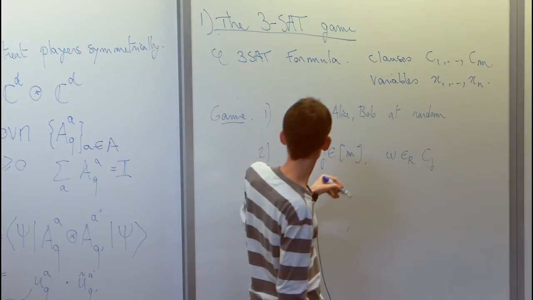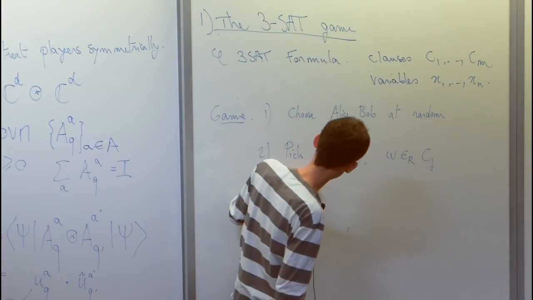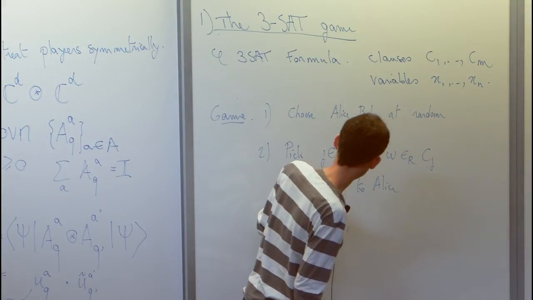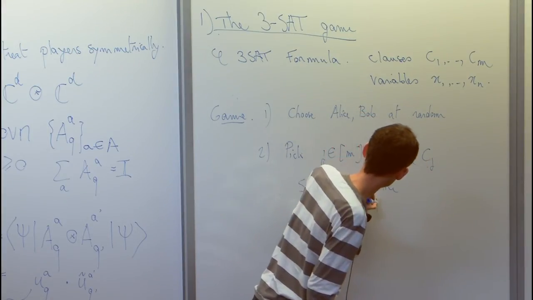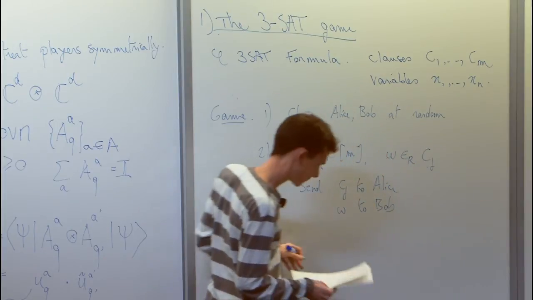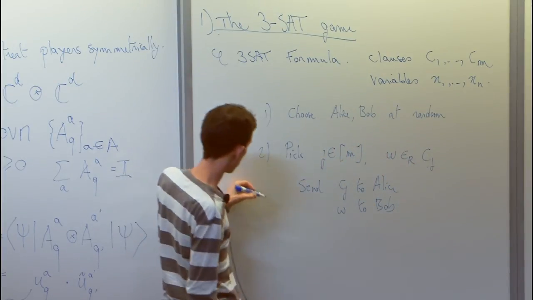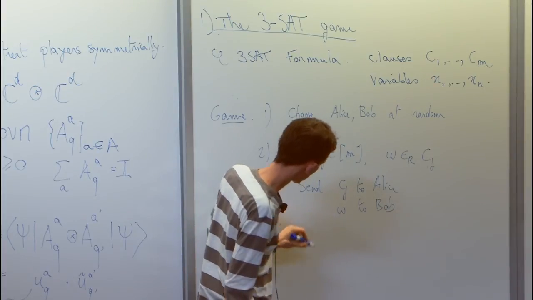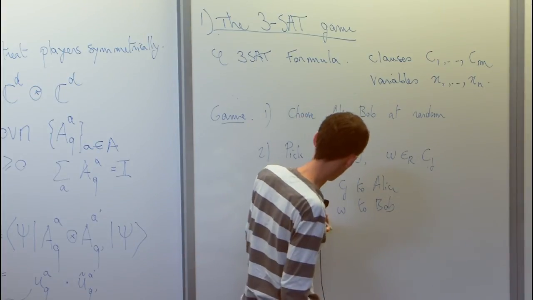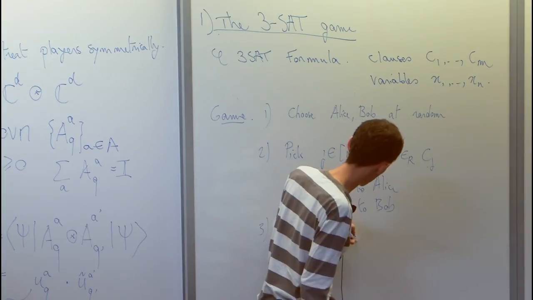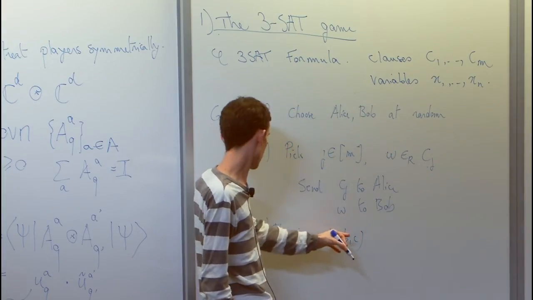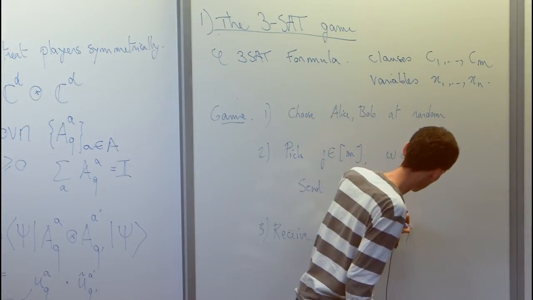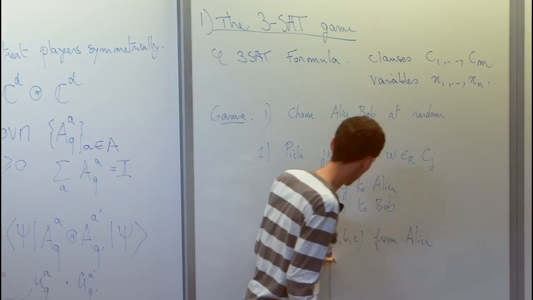And then we send the clause to Alice and the variable to Bob. Okay, and then the last step is that we receive answers. So Alice is supposed to give us 3 values because she was asked about the whole clause, the 3 variables, A, B, C, from Alice. And another value from Bob.